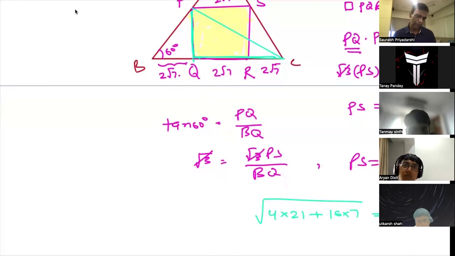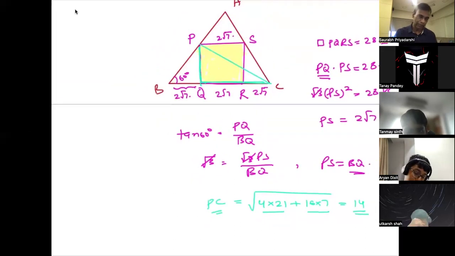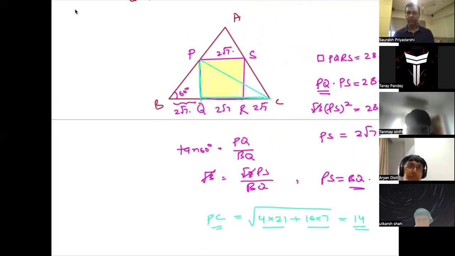What are you getting? 196, 40. This is PC. How many of you got this? Is this okay? Simple, only the basic calculation. And I know you can solve this by various methods. You can apply a lot of things in this. I did it by cosine rule.